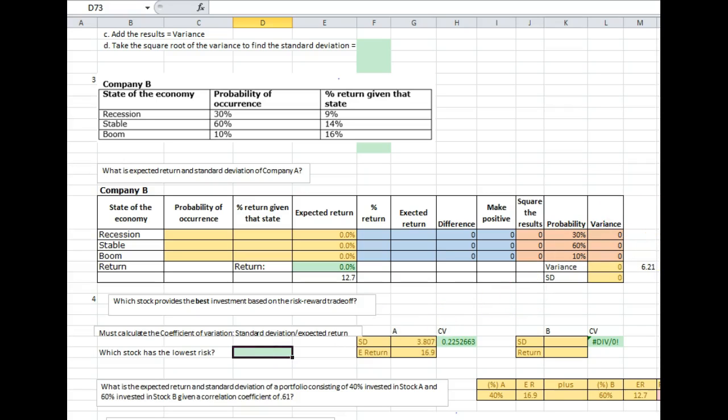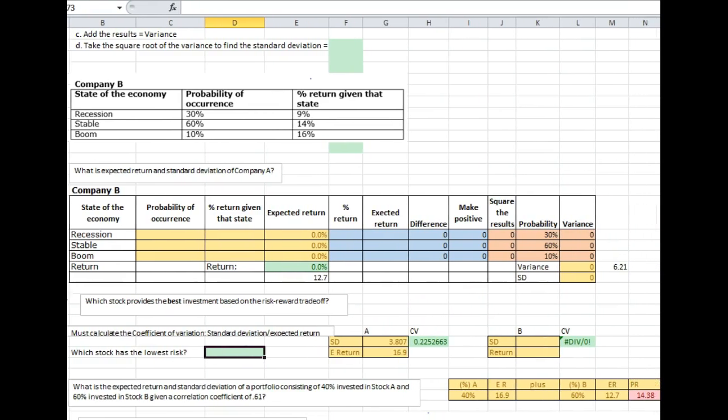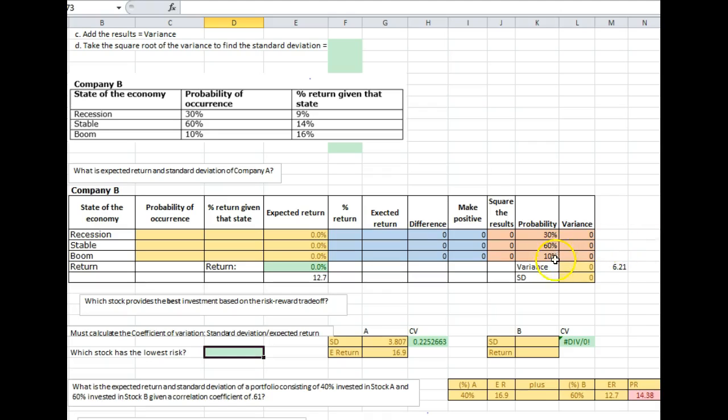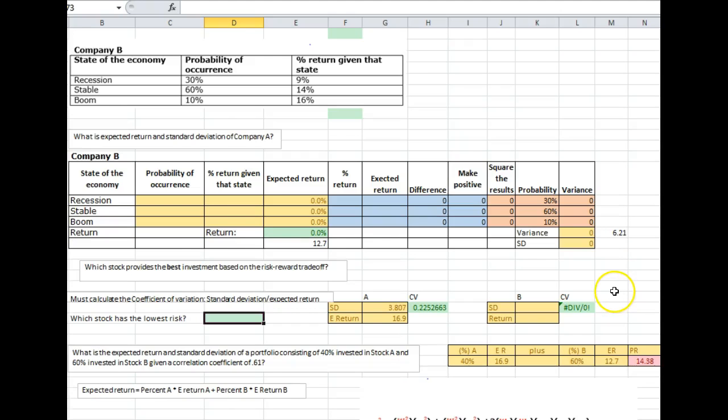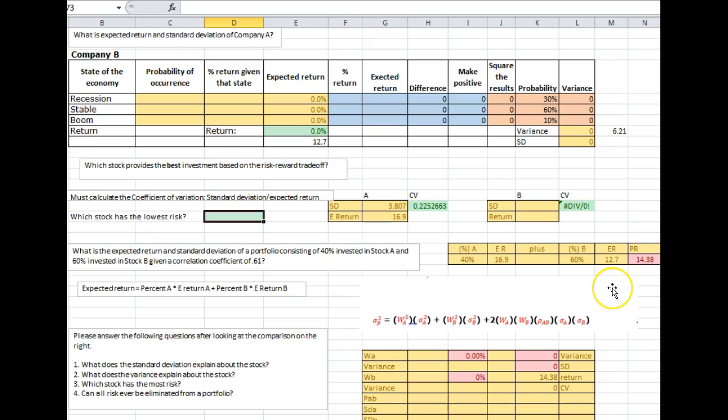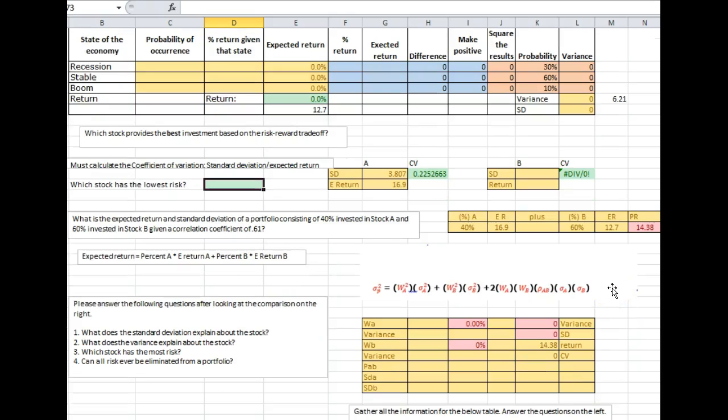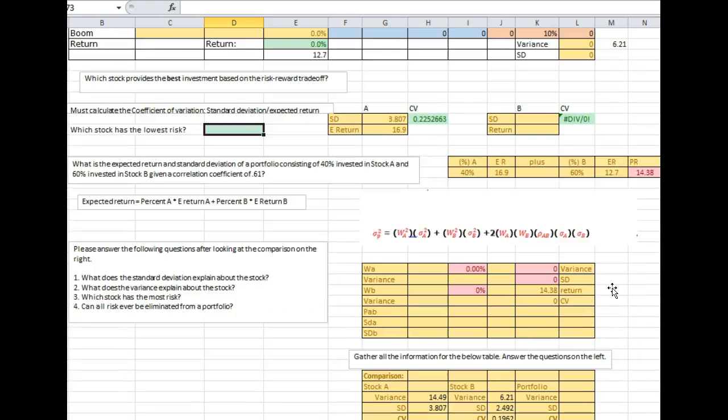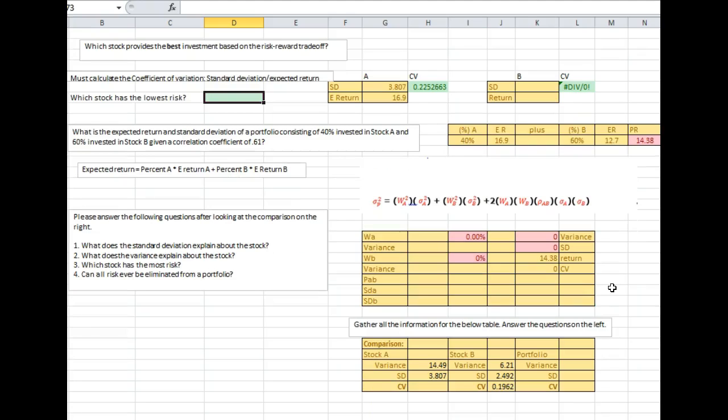Okay, once we get to that point, now we're going to do the next question. The next question is a little involved, but it's all been programmed for you. So just very calmly listen. Now they want us to take these two stocks. This is called a two-asset portfolio.